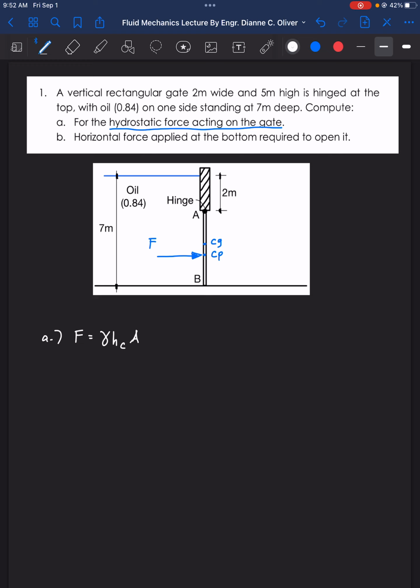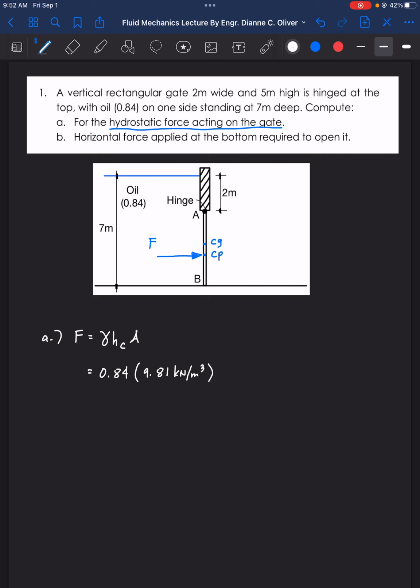What is the unit weight of the liquid? Our liquid here is oil, so that is 0.84 multiplied by the standard unit weight of water, which is 9.81, in kilonewton per cubic meter.